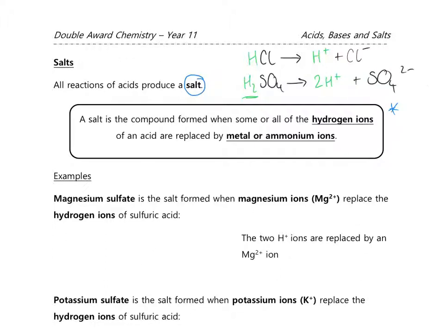So what we're saying is that those hydrogen ions that I've written in green, when they form a salt, are replaced by metal ions or ammonium ions. So it is those that bond up with your anions, so the likes of your chloride or your sulfate.